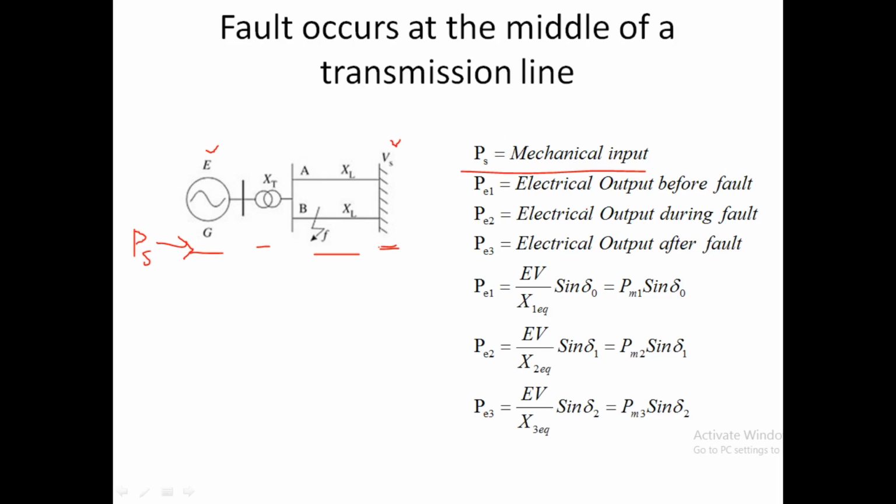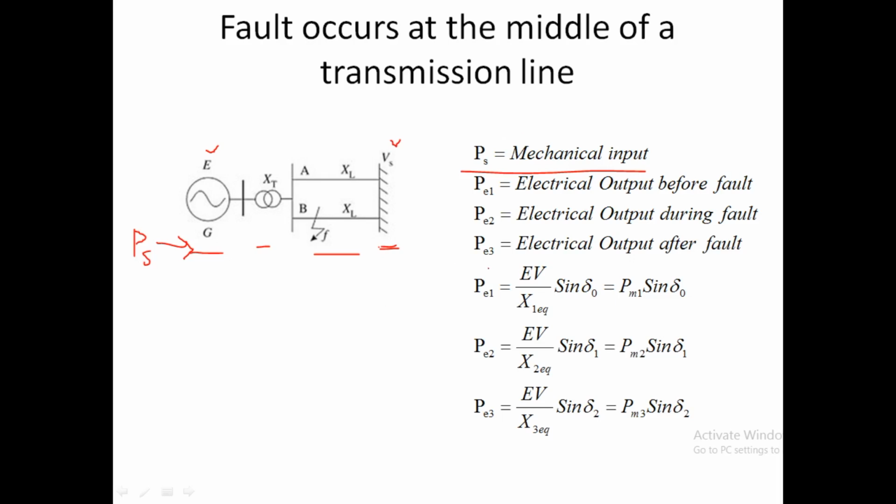Earlier we made a change in mechanical input and analyzed the changes in electrical output. Now the mechanical input is not changed, but the electrical output will change with the fault.